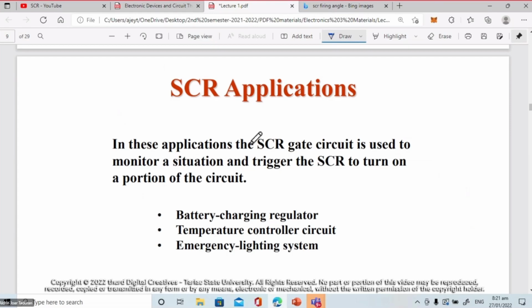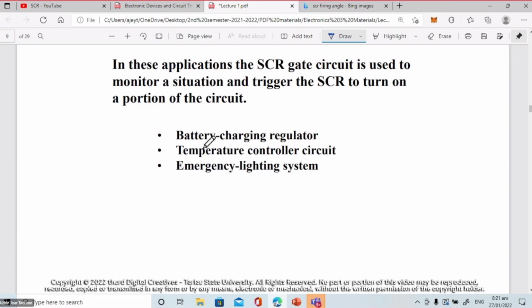In a charging regulator, we cannot allow overcharging. It is protective circuitry, and only the positive portion is needed, just to regulate the battery charging. Other applications are temperature control circuits and emergency lighting systems.